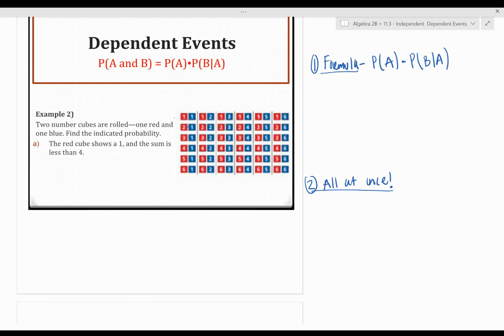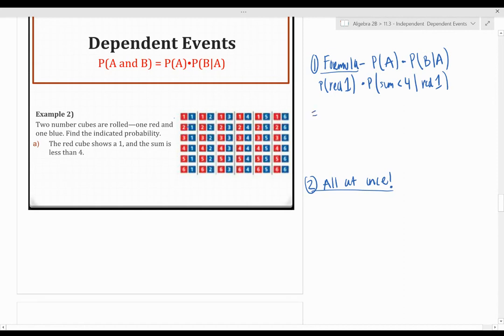So option 1, let's use the formula. If I want to know the probability of the red cube showing a 1 and the sum being less than 4, I need to break this down. I need to say, okay, what's the probability of the first thing happening? So the red cube showing a 1. And I'm going to multiply that by the probability that the sum is less than 4, assuming that the red cube already had a 1 on it.